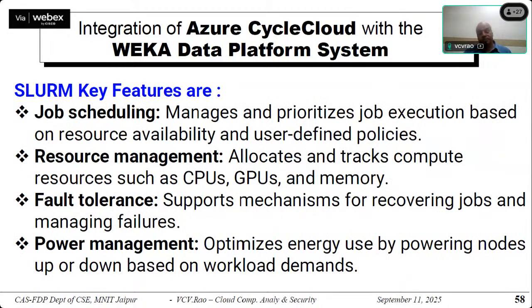Job scheduling, resource management, and fault tolerance, as well as power management. So power management means you need to provide the compute nodes, and you need to see what the power consumption is when you do compute, when you move the data. That also we need to take care of in the load scheduling. And fault tolerance is another one which has come through high throughput computing.